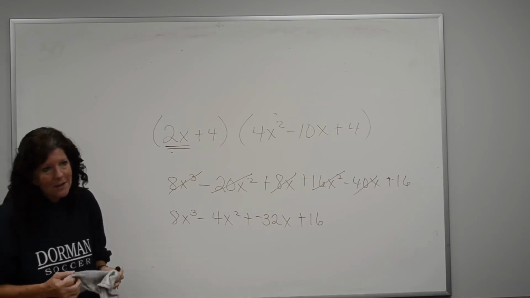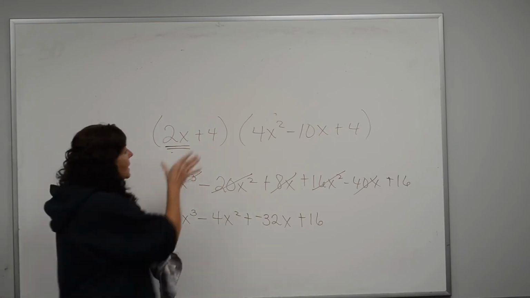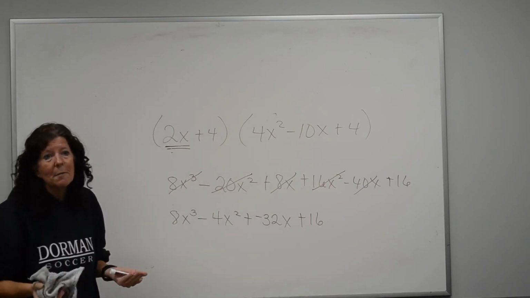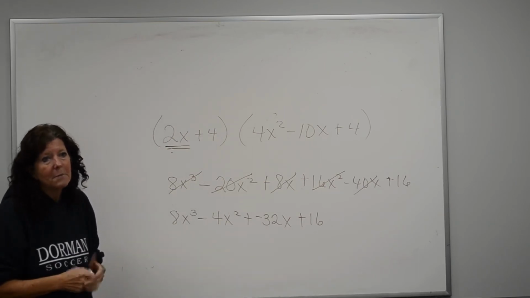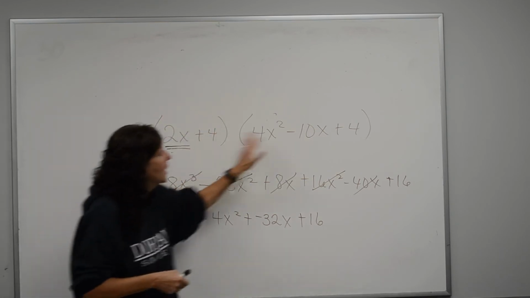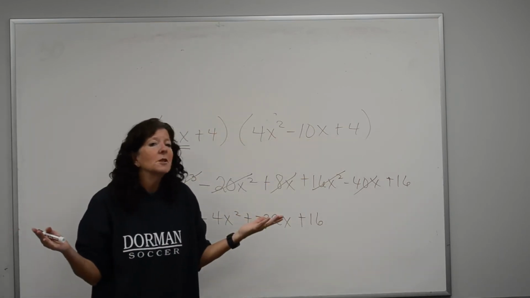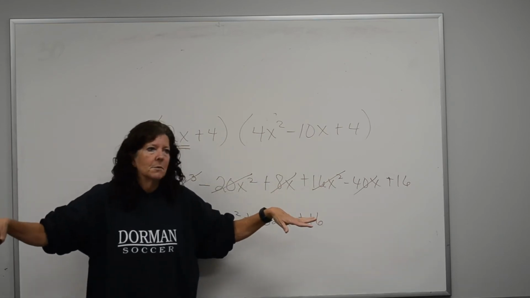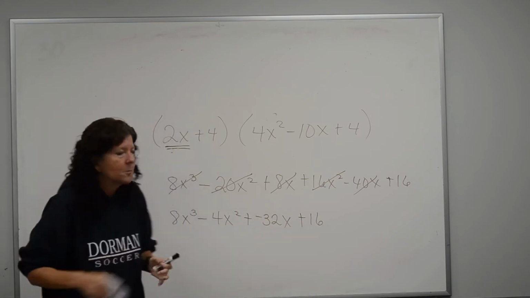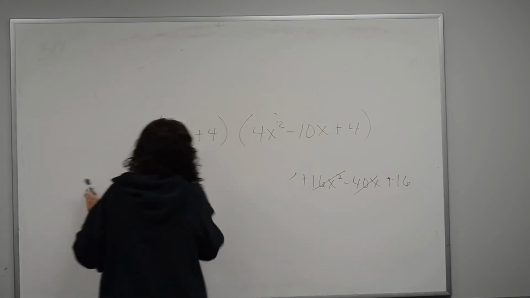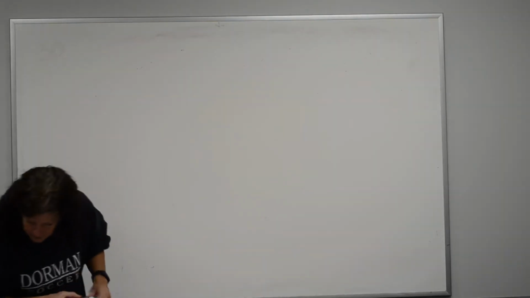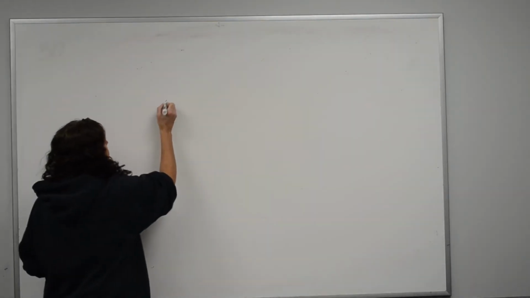Let me give you one of these to try. Okay? Now it really doesn't matter if the binomial's behind it or in front of it. I tend to write mine with a binomial in front of it every time because it's just easier for me to see when I put the two terms in front and then the 3 terms. Guys, you can multiply 5 terms times 5 terms the same way, where you distribute each term of the first one with the terms of the second one. All right. So go ahead and let's do this problem out.